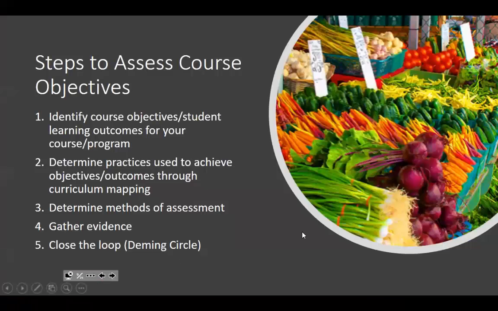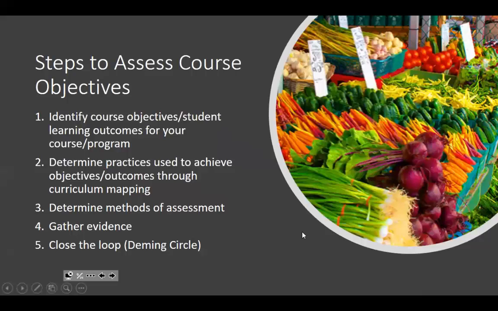So, steps to assess. I made little notes on here and I'm not even looking at them. Okay, so steps to assess our course objectives. We're going to identify, which you brought with you, so you've identified them.